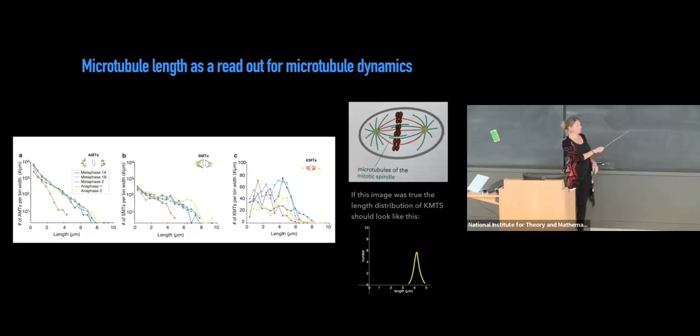Because if the textbook picture were correct, where all the microtubules come from the spindle pole and then some of those become kinetochore microtubules, you would expect a length distribution that hovers around approximately half spindle length. We can agree some might be a little shorter and some a little longer, but overall it should be kind of flat, and then there should be a peak at half spindle size.